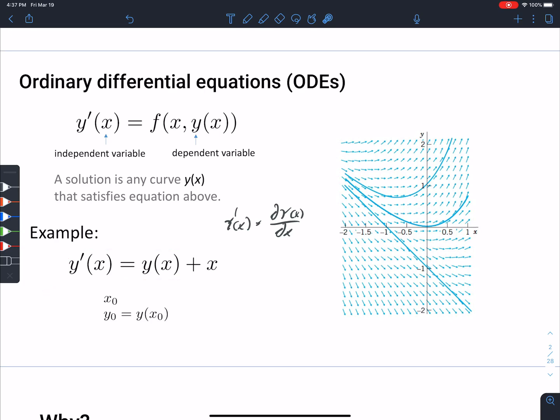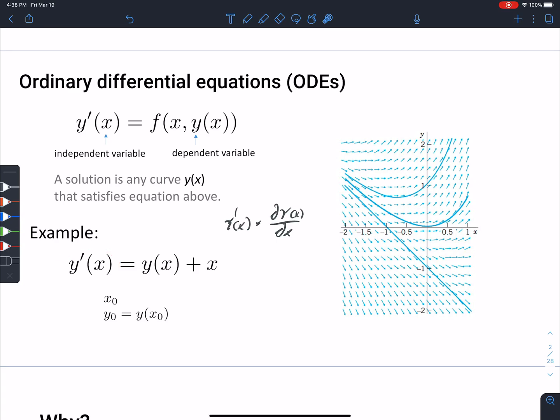If we start thinking of this graphically, we have the independent variable and the dependent variable, so the x and the y variables over here. This is saying that for any x and y, the derivative of y of x is given.